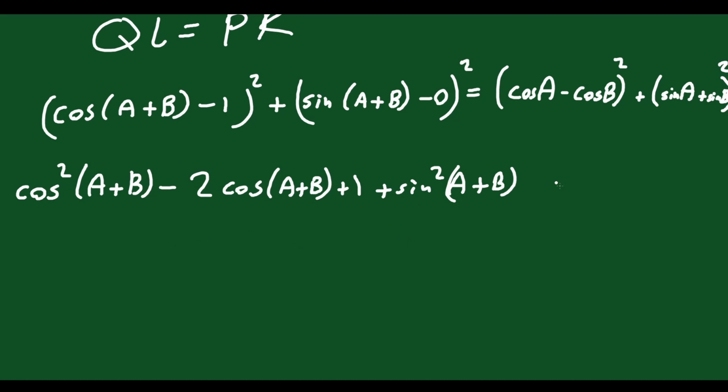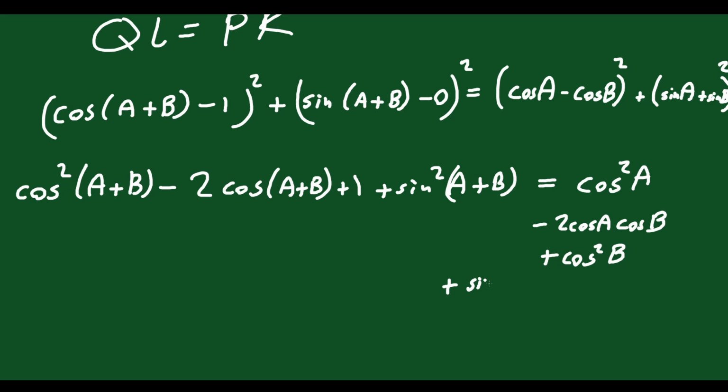And that's going to equal cos squared A minus 2 cos A cos B plus cos squared B plus sine squared A plus 2 sine A sine B plus sine squared B. Okay?